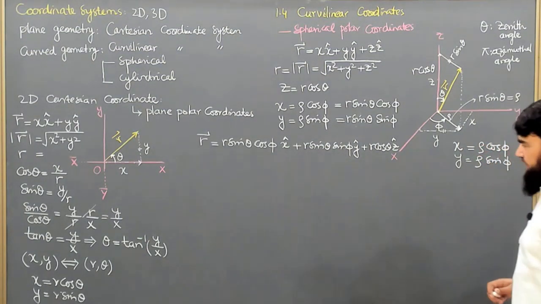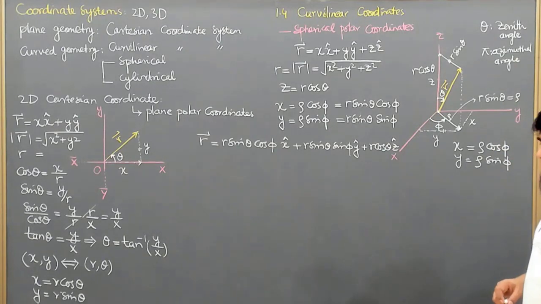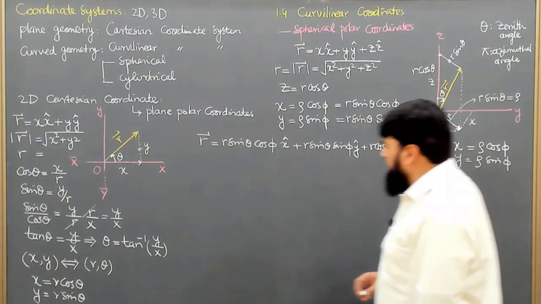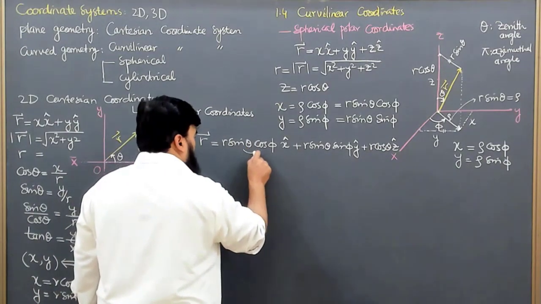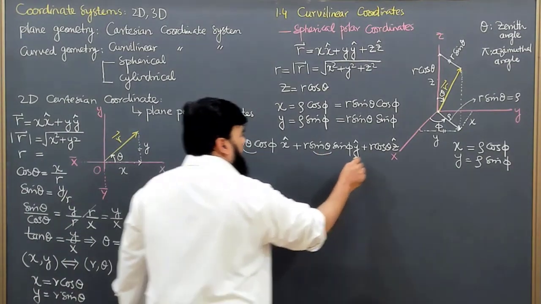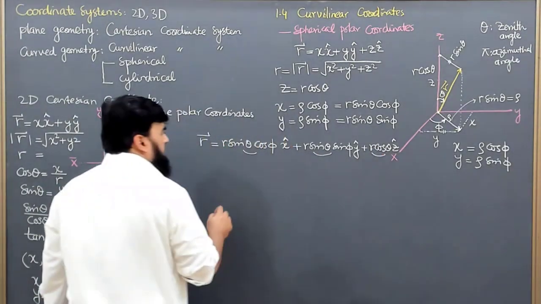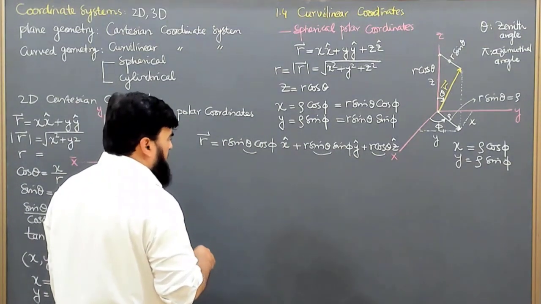Now I can find the magnitude of r as well from here. The magnitude of r will be equal to the x component square, the y component square, and the z component square. So I can prove that this is right.